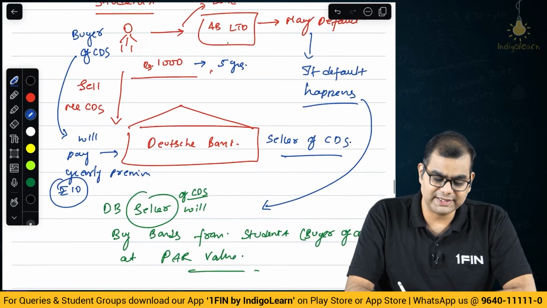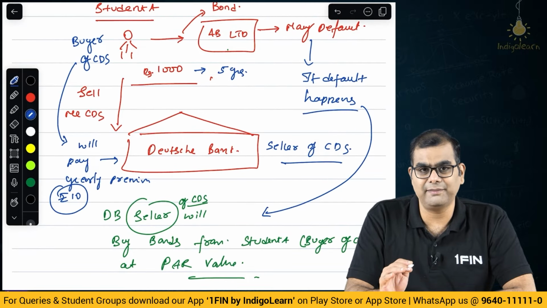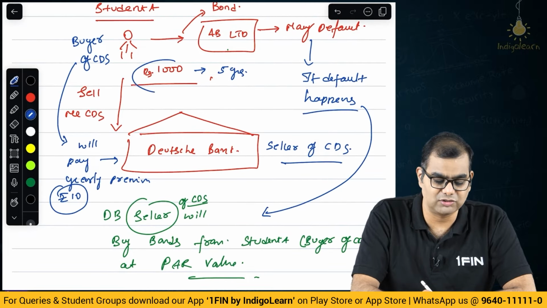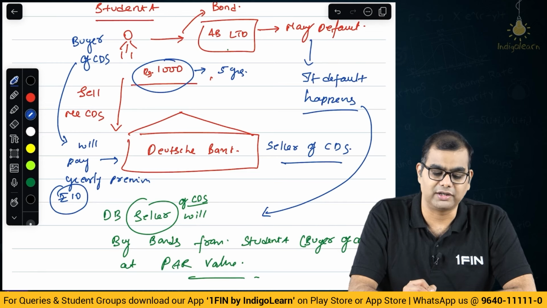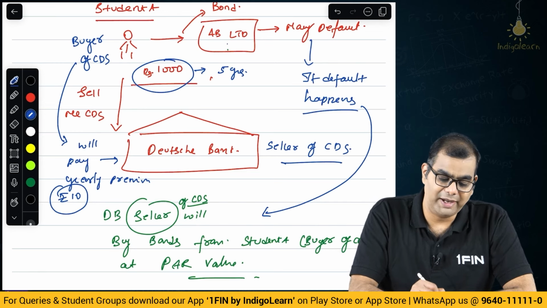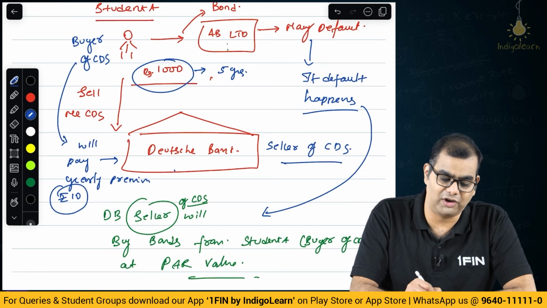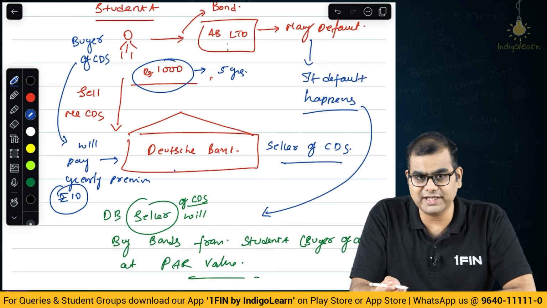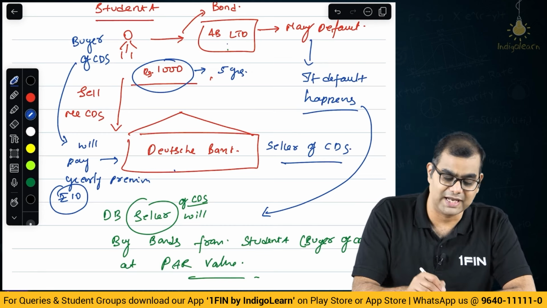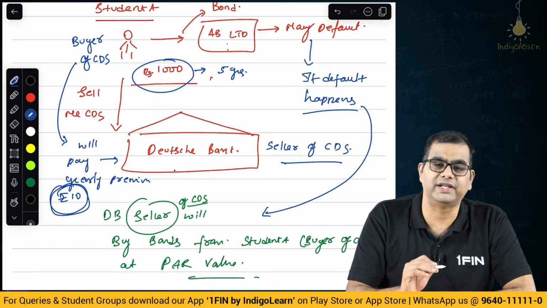So student A is able to hedge the risk on these 1000 rupees of bond issued by AB Limited by buying an insurance in the form of a CDS from Deutsche Bank, in case AB Limited defaults, for 5 years by paying 10 rupees every year.